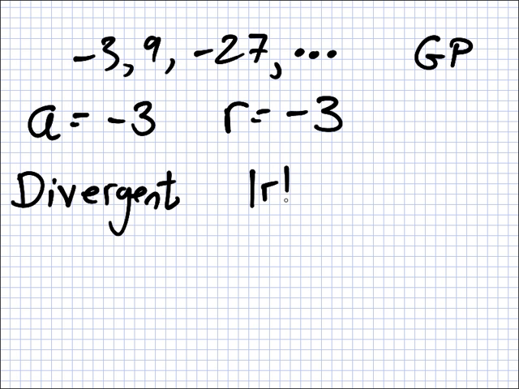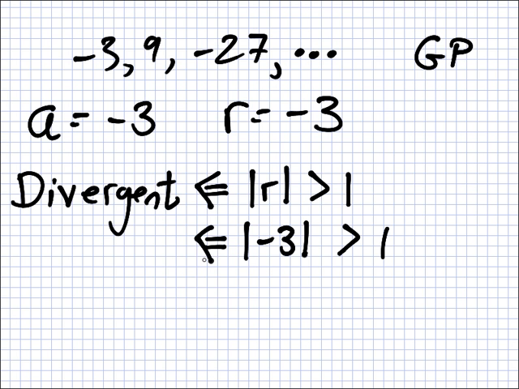If the absolute value of r is more than 1, in this case the absolute value is more than 1. 3 is more than 1. So that is the reason why it's divergent. It's divergent because r is more than 1. That is, the size of minus 3 is more than 1.